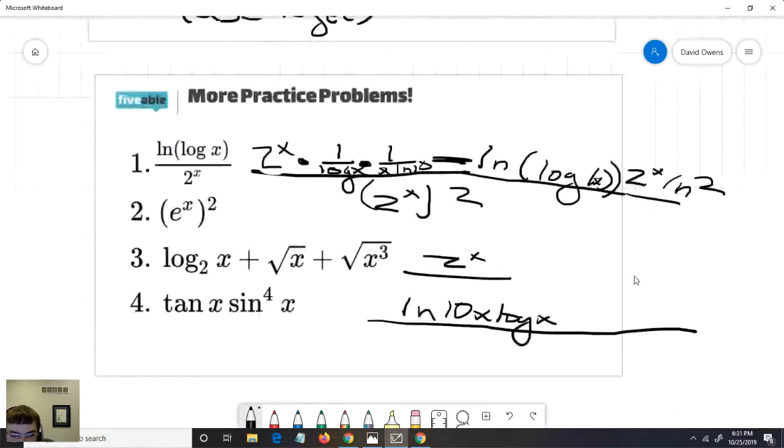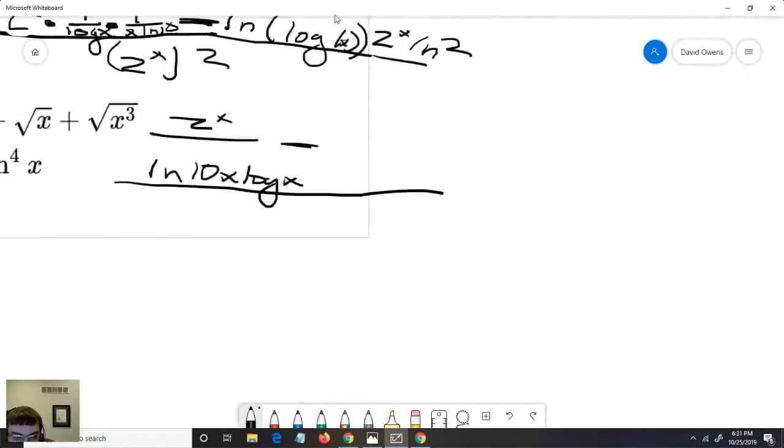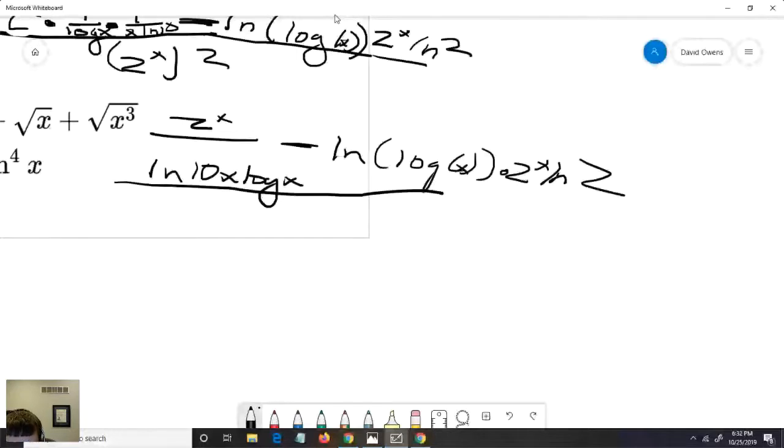Minus this mess, ln of log x times 2 to the x ln 2 all over the bottom squared, and 2 to the x squared would become 4 to the x. Don't quote me on that. No, yeah, it would become 4 to the x. Sorry for the doubt there.